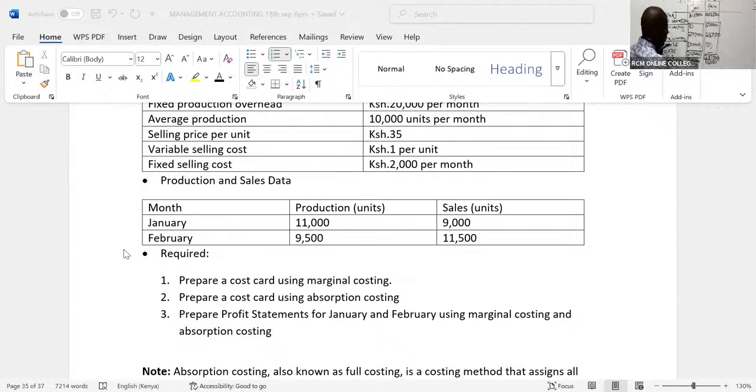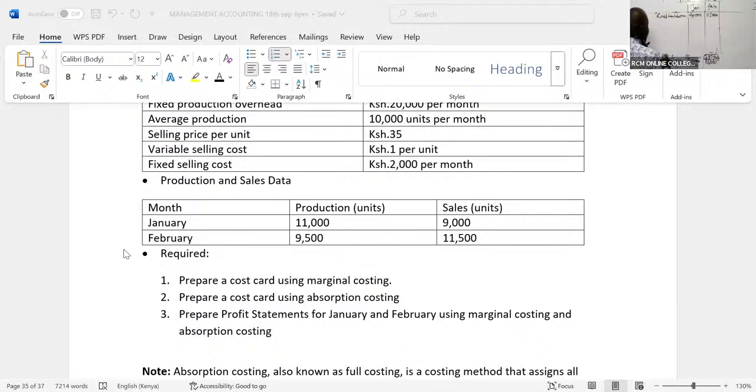Let me actually write up here. So I have my gross contribution: 90,000, and then 115,000, isn't it?